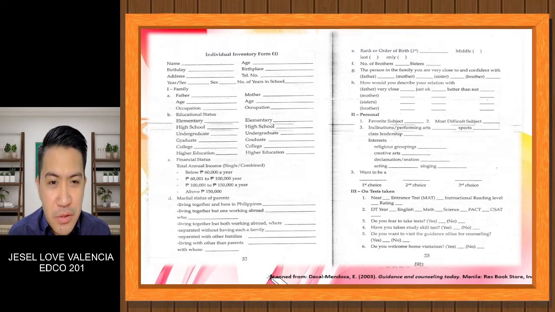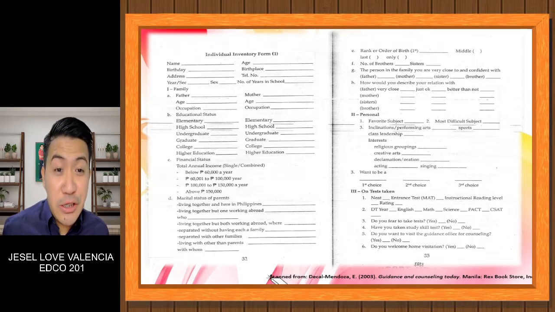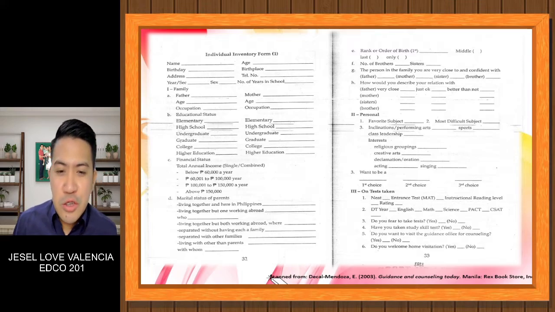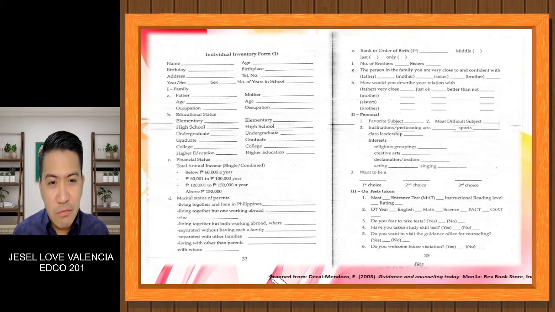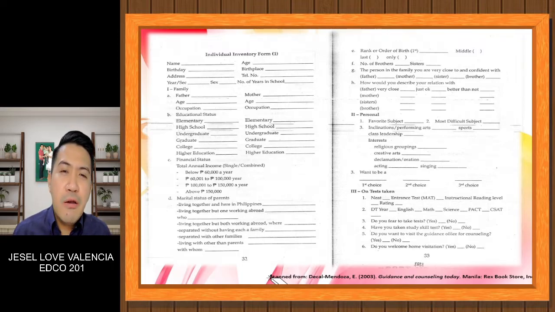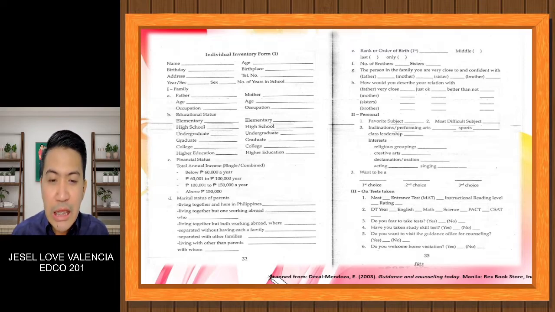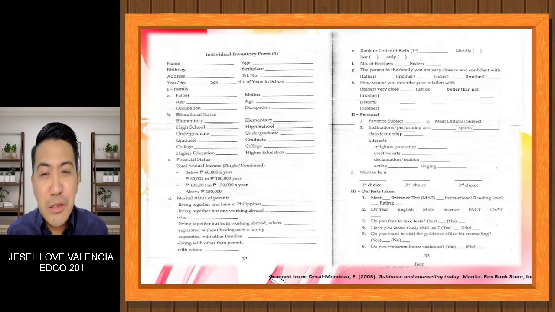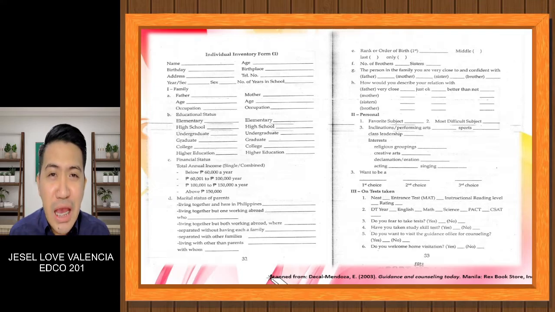Then we have here the personal, the favorite subject, most difficult subject. Ito naman pwede nating ibigay sa ating mga teachers as we partner with them. So dahil we discovered here that science is not a favorite subject, then we can help the teacher telling them, oh, itong si Juan de la Cruz hindi niya gusto yung science, yung math.